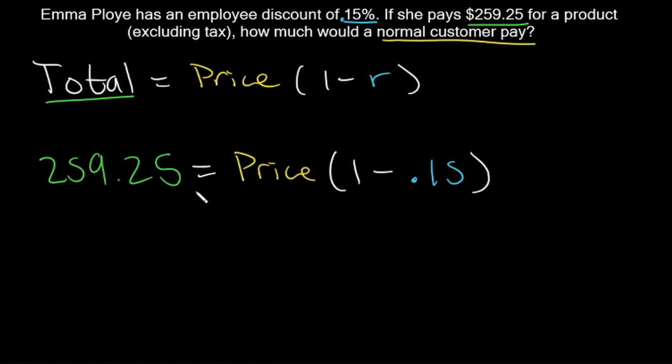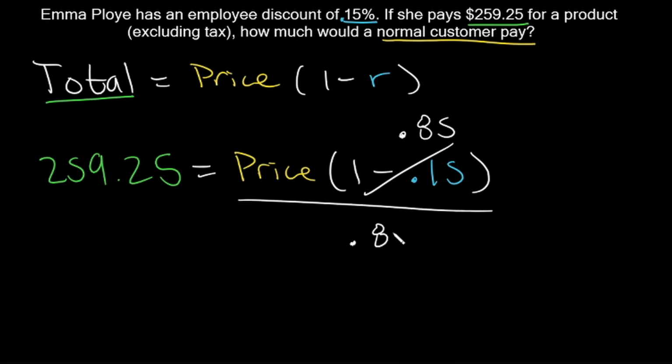So now let's simplify and solve for the original price. So 1 minus 0.15, that is going to be 0.85. So our discounted price is 85% of the original price. So now we can just divide both sides by 0.85 to get the original price.